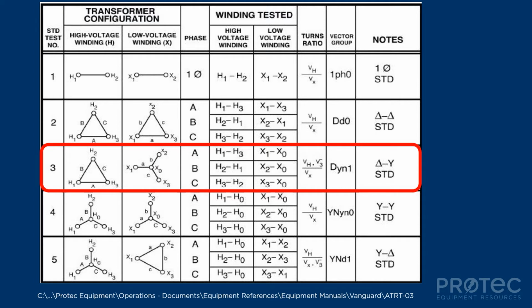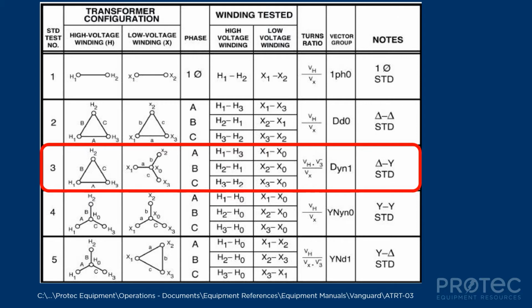With that in mind, I want to go to the next slide and show you a very small portion of the list of the ANSI configurations, and you'll see that they're labeled in terms of their vector groups. The one that we've been looking at is on this third line, and it's designated DYN1.